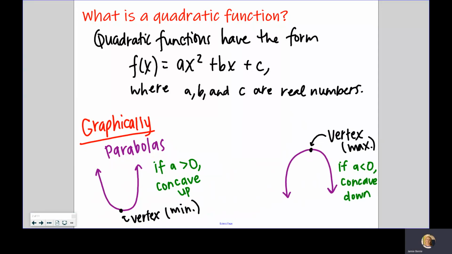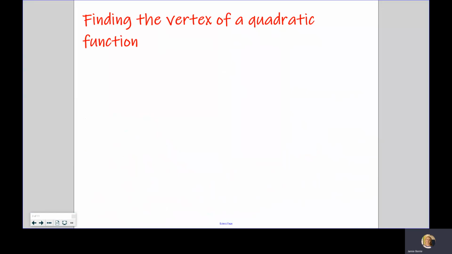We're going to do lots of different problems with quadratics today. But the first thing we're going to do is talk about how you find the vertex of a parabola. I need to explain how we find the vertex of a quadratic function. There's a formula that you can use to find the vertex, so we'll say vertex formula.